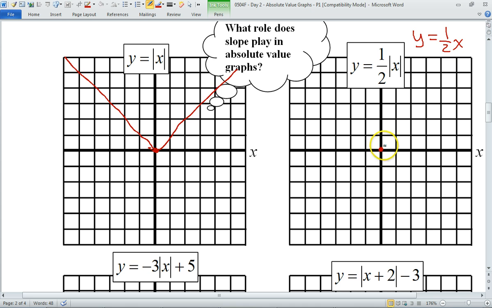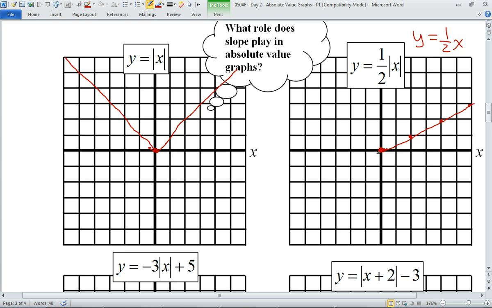Well, we can still do that, okay? That slope is going to still say up 1, right 2, like this. All right, I put that first dot in the wrong spot. Let me fix that. Now, what that does is give us the right-hand branch of the absolute value function. How will I find the left-hand branch if this is the vertex?